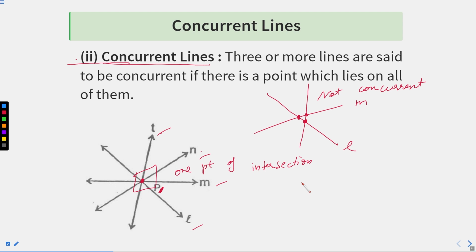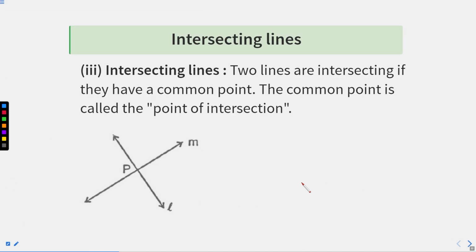Now let's move to the next definition. Now, intersecting lines. I have already been talking about intersection or intersecting lines. The meaning of intersecting lines is wherever the two lines meet. The meeting point is called the intersection point or the point of intersection.